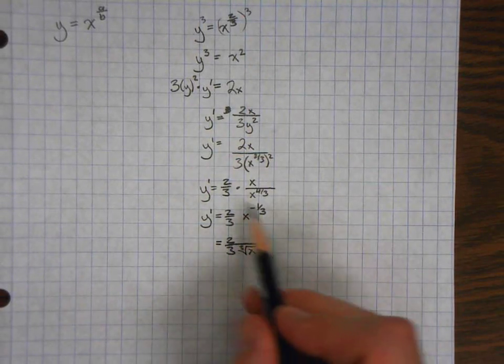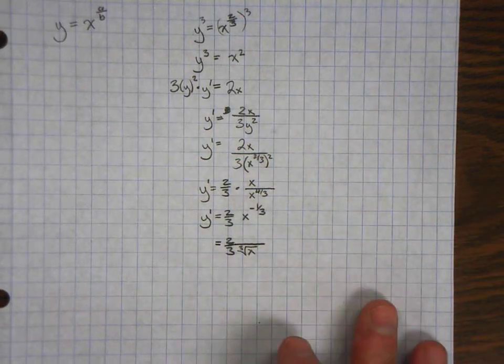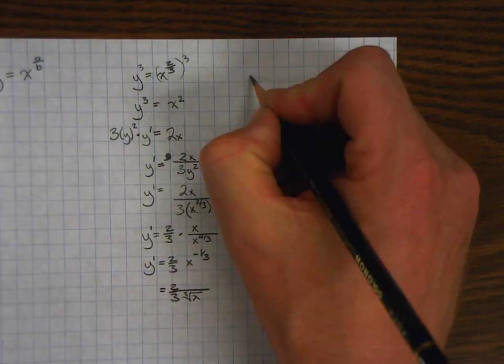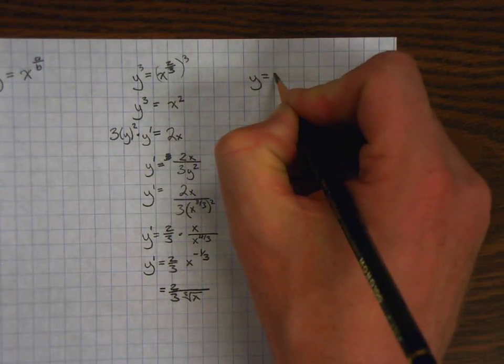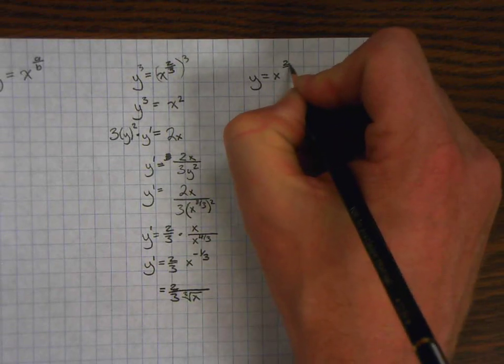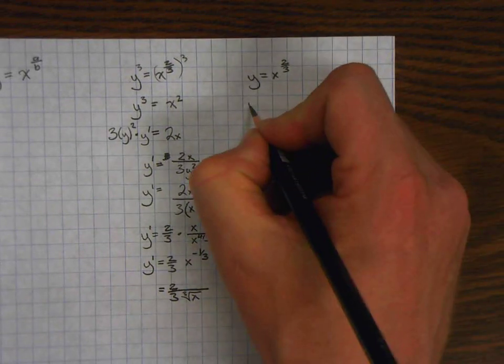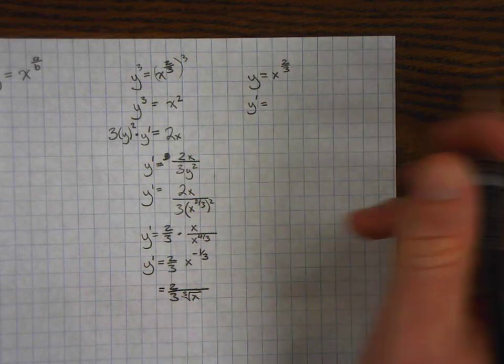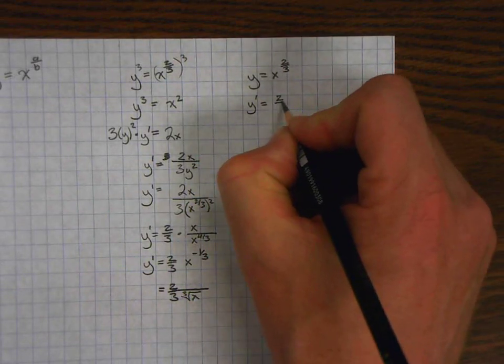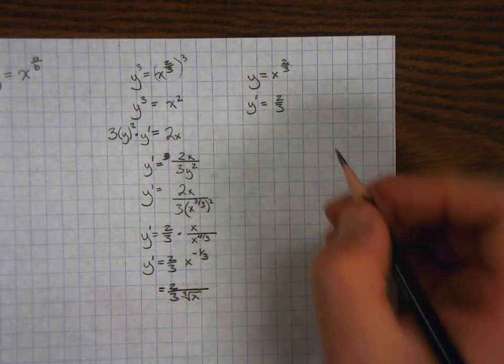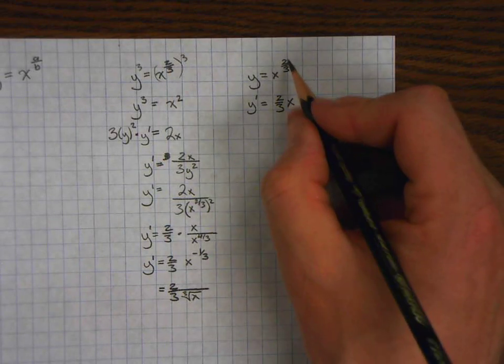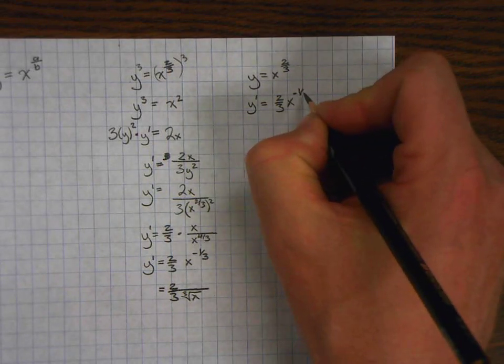Okay? But this is pretty cool because, well, let's go back. At the beginning, we had y equals x to the power 2/3, and if the power rule works, we could get the derivative of x to the power 2/3 by bringing our 2/3 to be the coefficient. And then my new exponent is going to be 2/3 minus 1, which is minus 1/3.